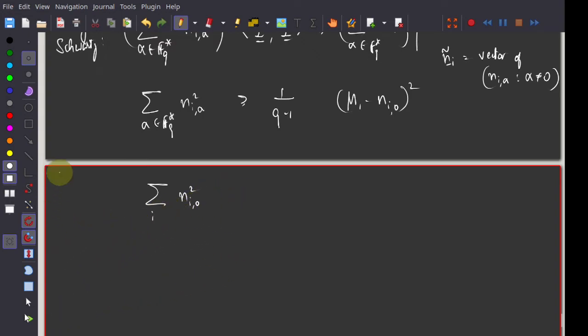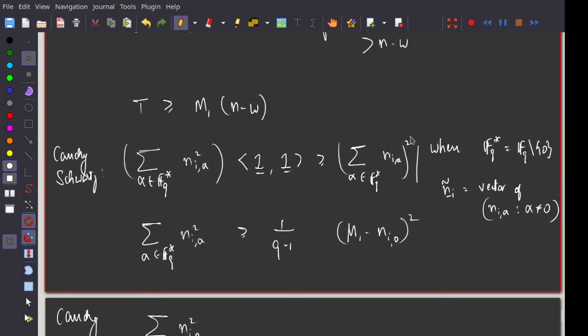So I'm going to apply Cauchy-Schwarz once again. If I expand this out, I'm going to get a term in terms of m1, a term in terms of summation ni0, but then also a summation ni0 square. So basically the game is to somehow eliminate all of these ni alpha squares.